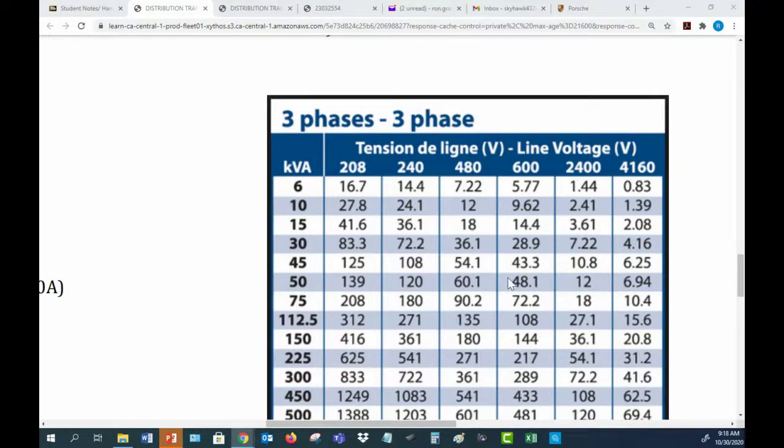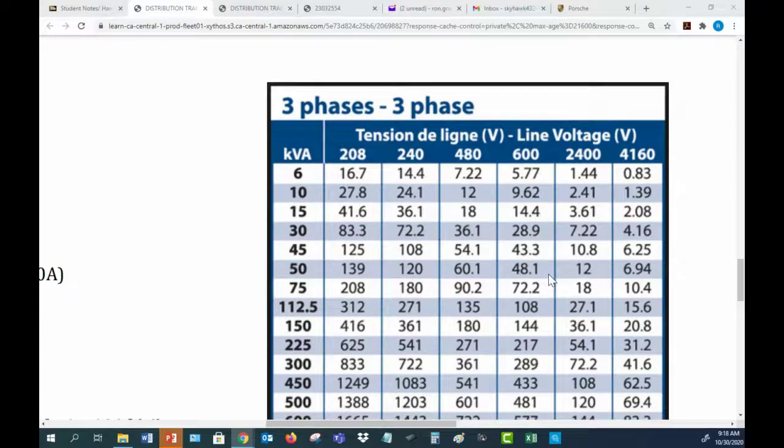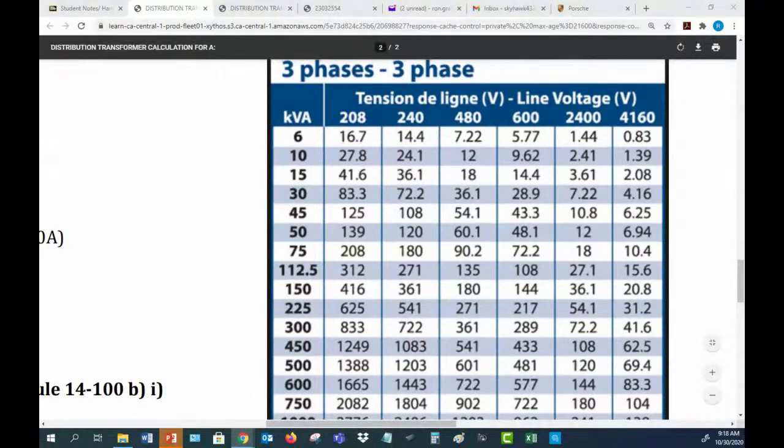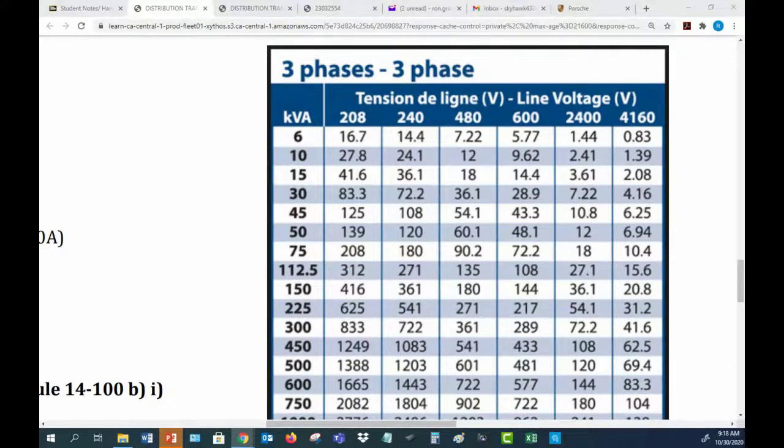It only gives you the rated current. So you know what this card is? It's like a dummy card. It's like I is equal to P over E. Take the power of your transformer divided by the voltage wherever you are on the primary. And if it's 3-phase, which this is a 3-phase card, you could flip this around and it'll be single phase. This is what you're going to get, rated current. That's all it is. You already know Ohm's law. You don't really need to know this stuff here.